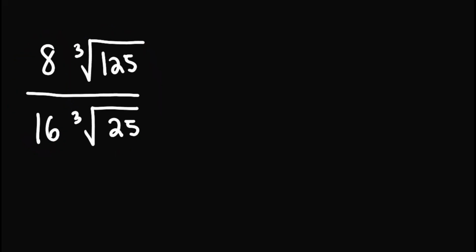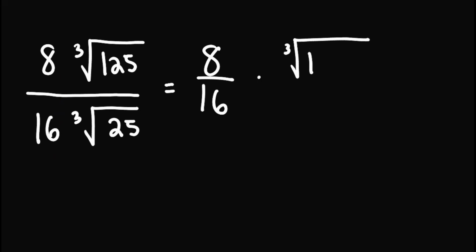So what we do out here is we split this one when we multiply. So we have out here 8 over 16 times the cube root of 125 over the cube root of 25.